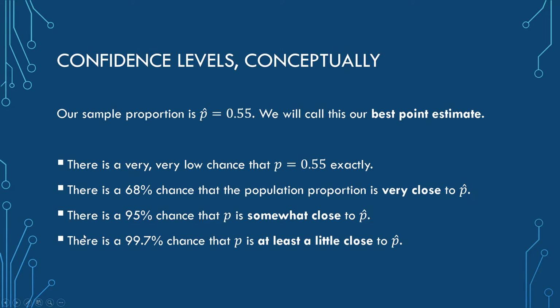I can say with, say, 95% confidence that the parameter is somewhat close to P hat, which is 55% for us. And I can say with 99.7% confidence that the parameter, whatever it is exactly, is at least a little bit close to our sample. So whenever we talk about speaking with confidence, it's always a level of confidence.